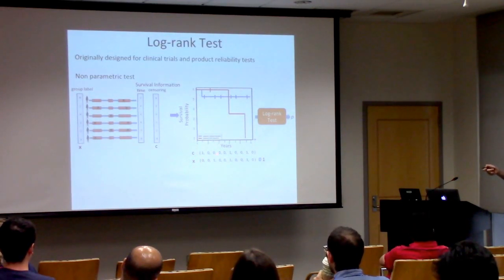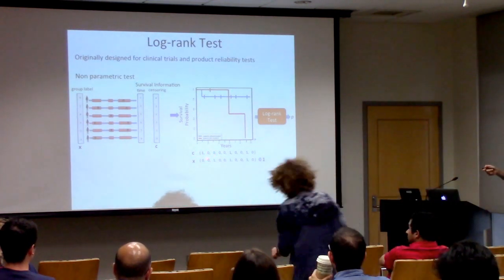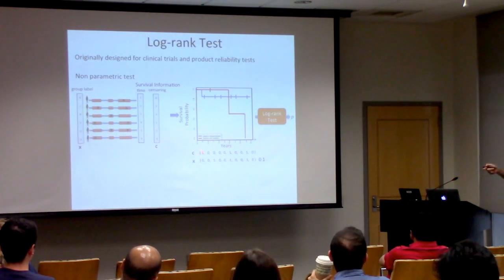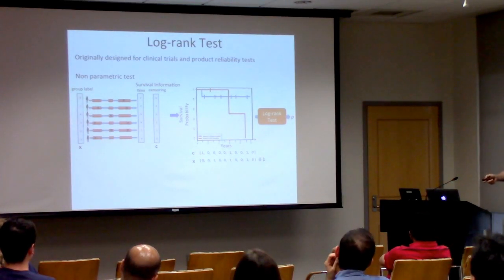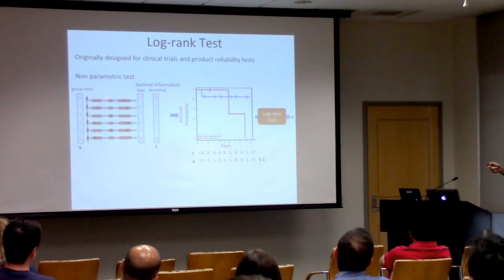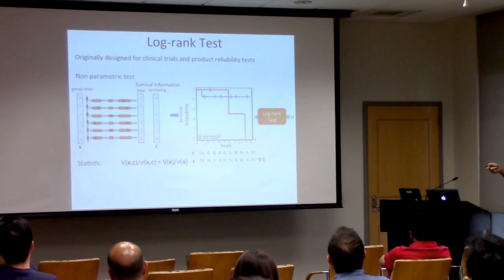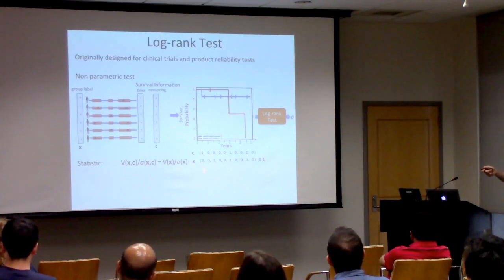Okay, so the censoring is 1 if I have observed the event at this time and 0 otherwise, and X is 0 if the sample that has the event at this time is in group 0, and it is 1 if the sample is in group 1. Okay? So essentially, these 0 and 1 split the patients into two groups, the blue and the red, that we've seen before. And then what I compute with the log-rank test is a statistic that depends only on these two vectors now, on C and X.